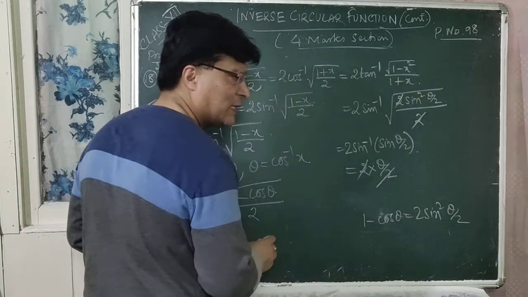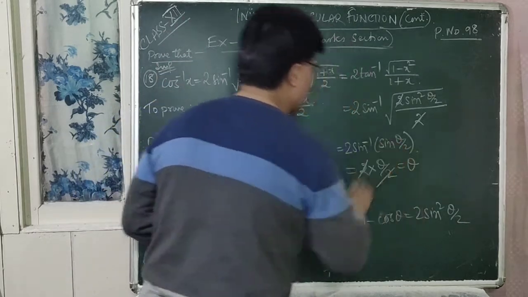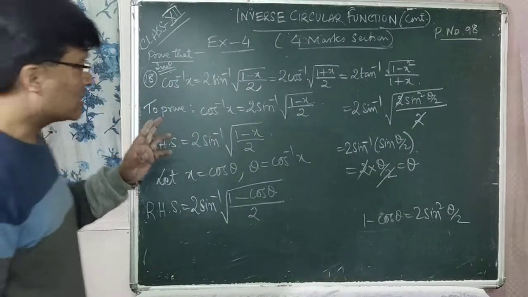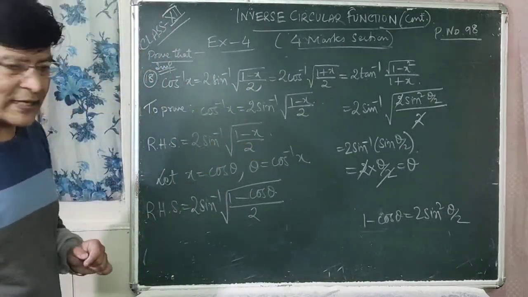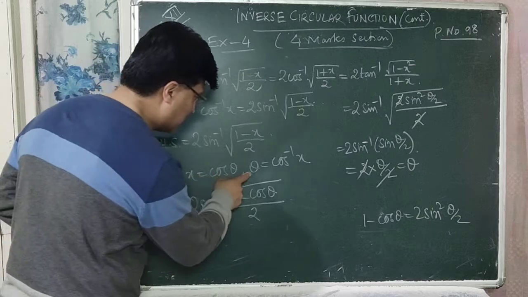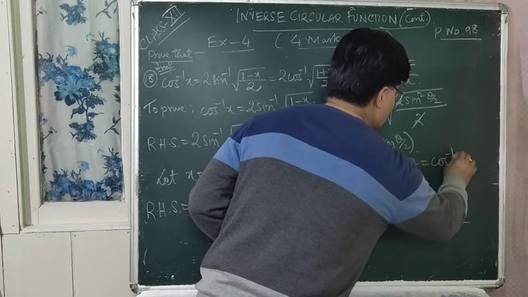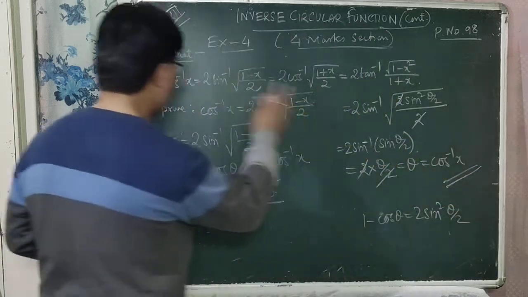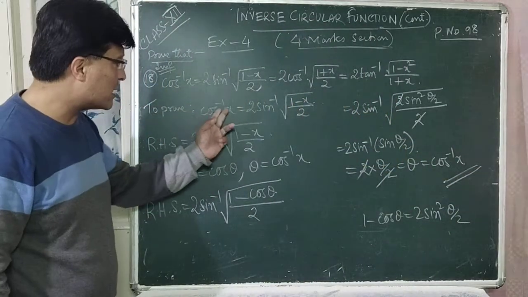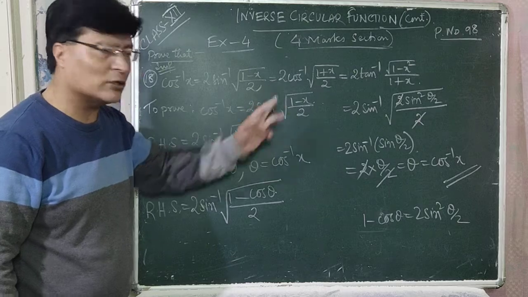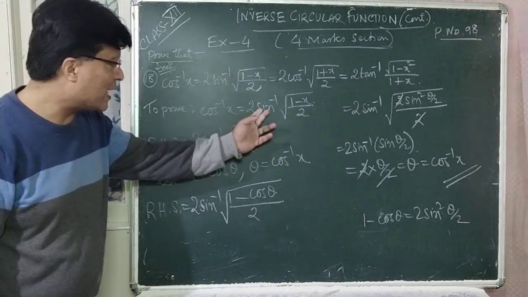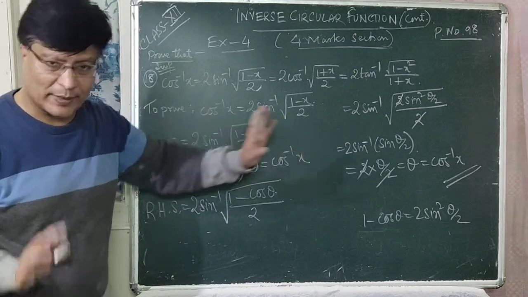Here 2 gets cancels, which is equal to theta, right? So now, what will you write for theta? We have got here theta is equal to cos inverse x. So theta is equal to what? This is cos inverse x. So we have proved that cos inverse x is equal to 2 sin inverse root under 1 minus x by 2. That is RHS is equal to LHS. So we have done it.